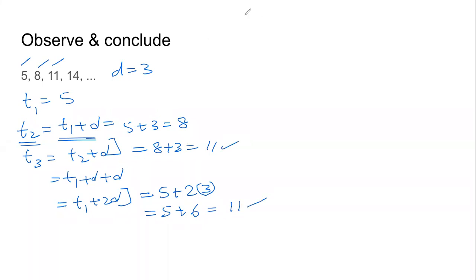If we have to find T4, see what happens. Let me clear the screen first, I need more space to write. T4 will be T3 plus D. What is T3?